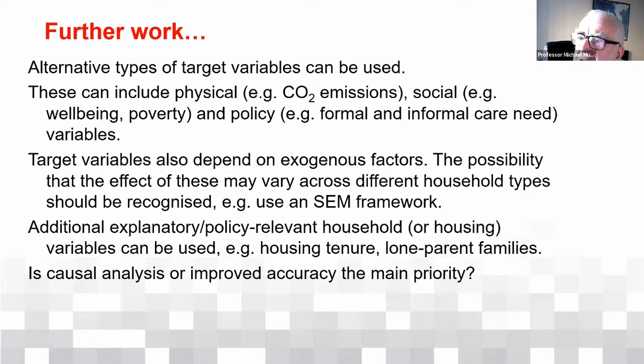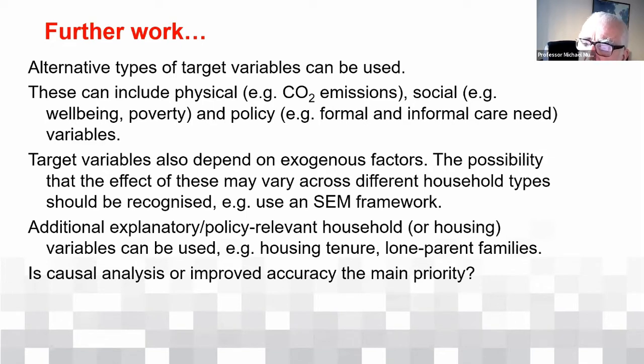Clearly, one has got to be careful about overemphasizing it as the only factor, and the possibility that some of these effects may vary across household types and within household types should be recognized. And possibly there would be a need to use a more elaborate modeling framework, something like structural equation modeling, which would allow those pathways to be investigated in more detail. But living arrangements does remain central to what may happen in these areas.